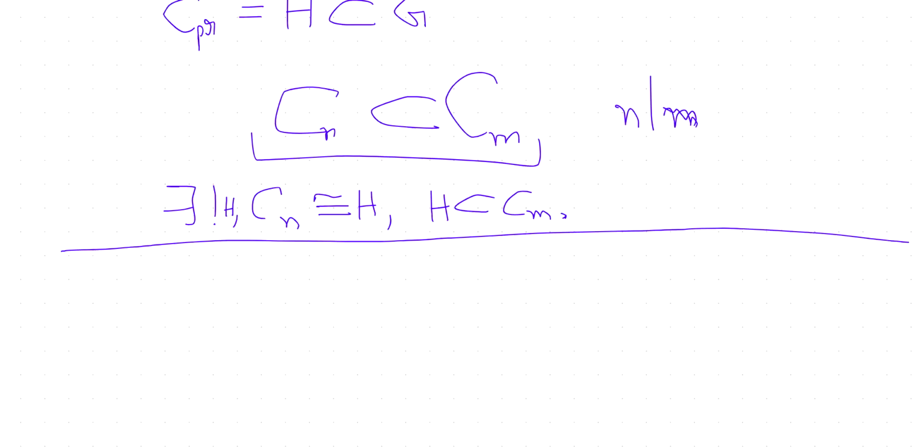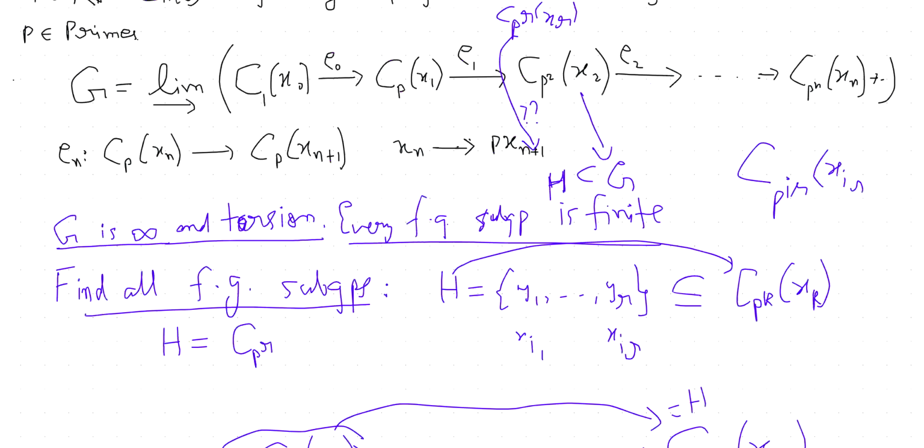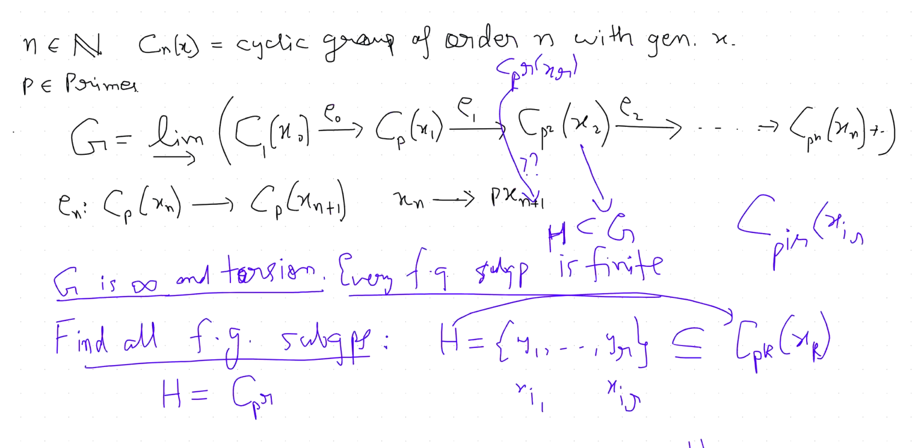Yes, you see that is also clear, right? Because if it is proper, then it would miss some elements which are images of some CP^k, right?